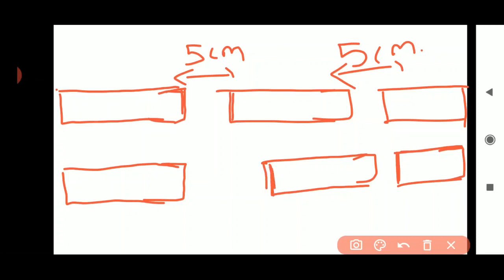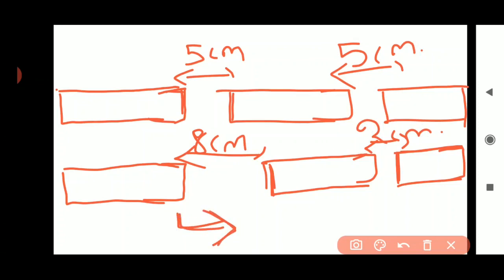That means we examine that here the space between the two rail ends at the joint is 8 centimeter, and here the space is 2 centimeter. That means here you can see the opening out of joint has occurred, and in this case the closing of expansion spaces has occurred.